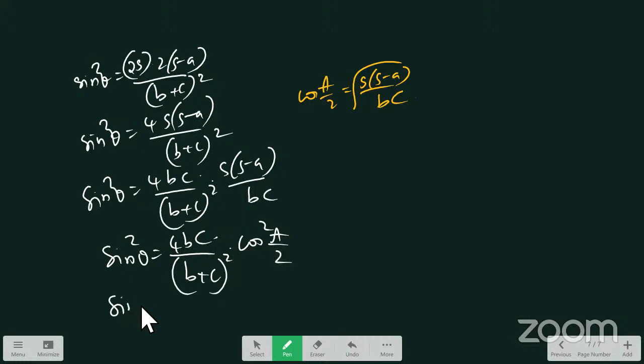That is nothing but sin square. Now remove that square. Sin theta is equal to plus or minus 2 root bc by (b plus c) cos A by 2. Is it clear? So that is your answer. It's very, very important for 4 mark.